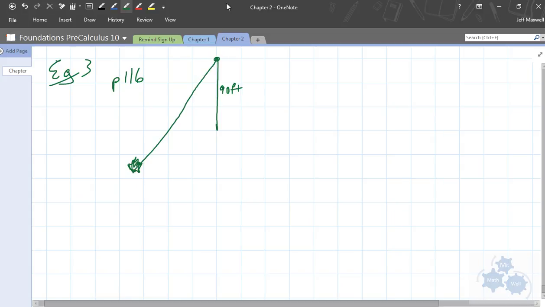Now remember, the angle of depression is always from the horizontal, so it's up here, 5 degrees. Okay? And I'm going to draw this three-dimensionally. So this is due west, it says. And another fire due south.